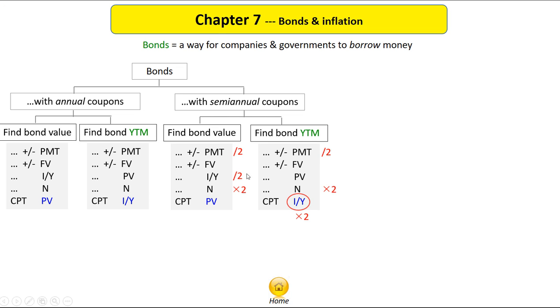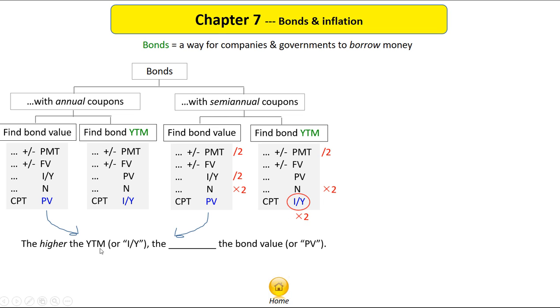The interest rate must be divided by 2 if we are finding the bond value, and the number of years remaining until the bond matures must be multiplied by 2 to reflect correctly how many coupons we will have until maturity. When we are finding the bond yield to maturity, or the IY instead, when you get your answer in the financial calculator, that's per half a year, and so it needs to be multiplied by 2.